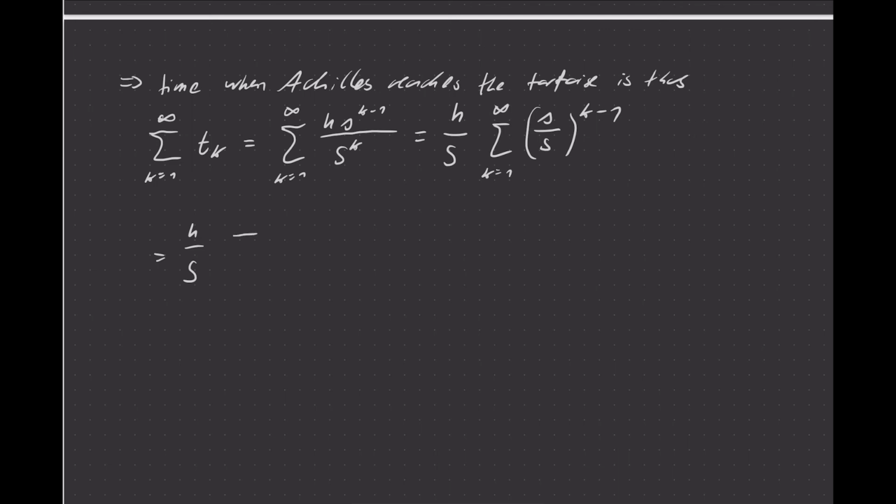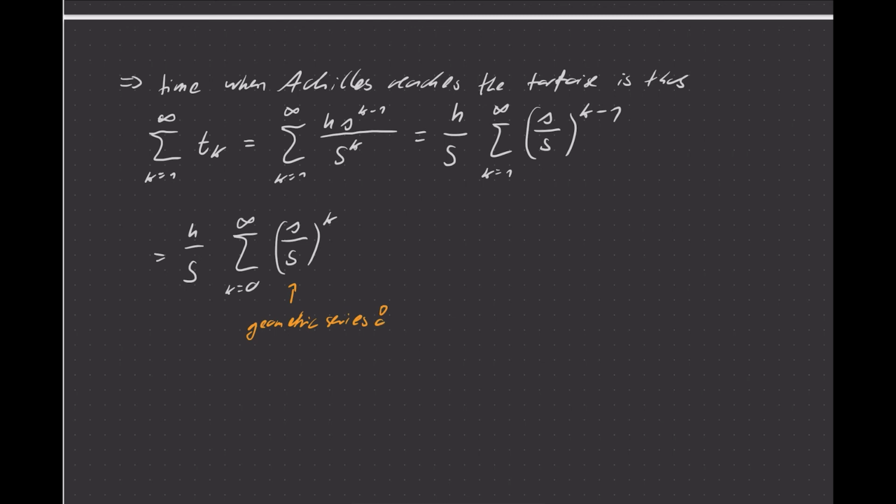So that's the same thing as starting our sum from 0, and then summing up the kth powers instead of the k minus first powers. And this here, as we know, is a geometric series.